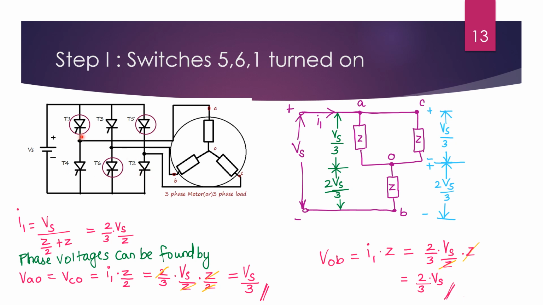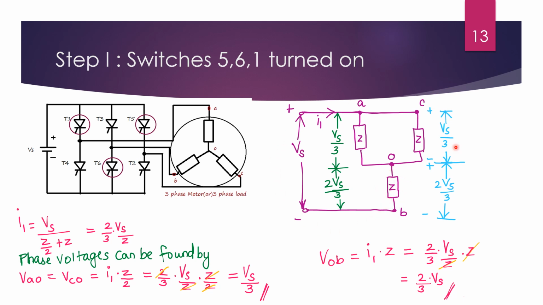Here, since T1 represents the positive phase sequence of A, Z is drawn here, and likewise T5 represents the positive phase sequence of C, C is drawn here and Z is represented here. And switch 6 is conducting, which represents the negative phase of B, and that is why from neutral to B, the Z or the load is represented here.